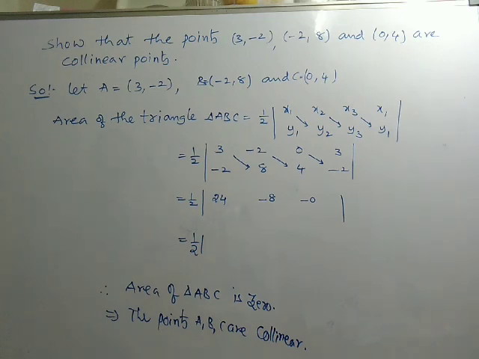Let me use the latest one, the second one. The formula is half modulus of the determinant x1, x2, x3, x1 over y1, y2, y3, y1. So please replace the points.